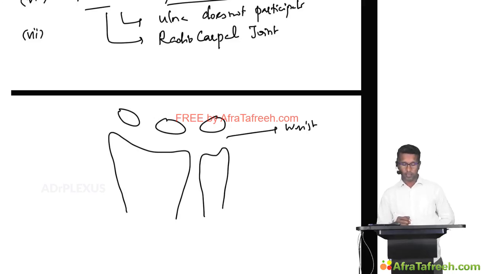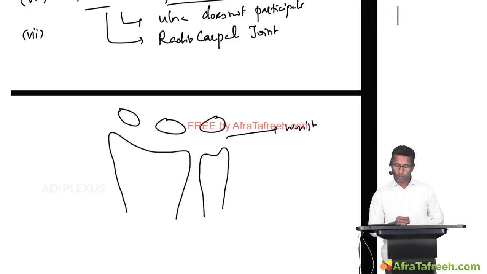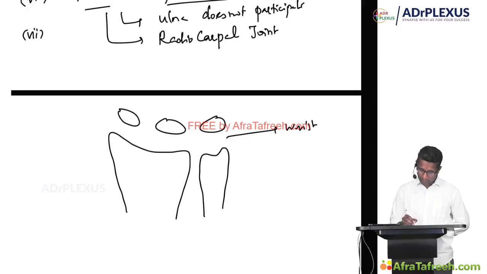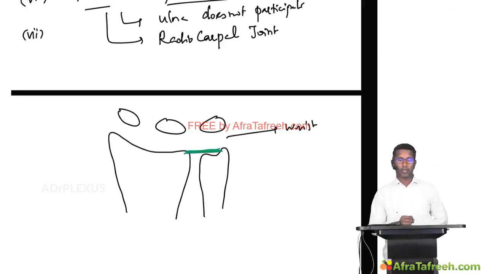Now you can ask me, sir, can you see the ulna coming in contact with the carpal bones? No. There is an important structure which prevents the ulna from contacting the wrist joint.